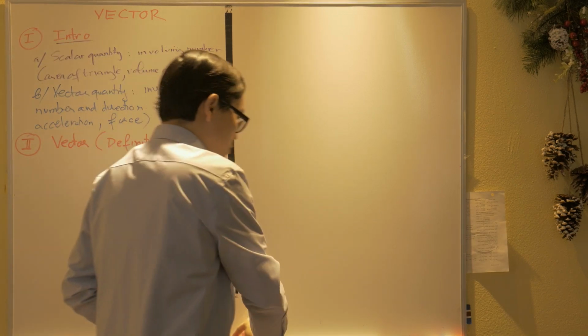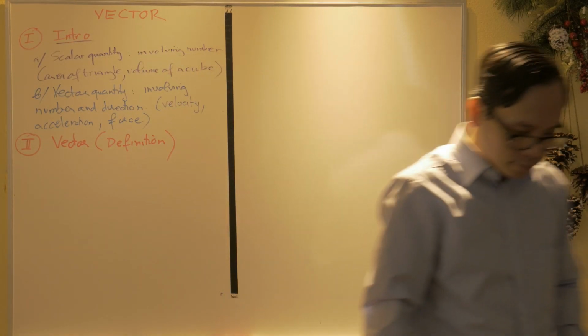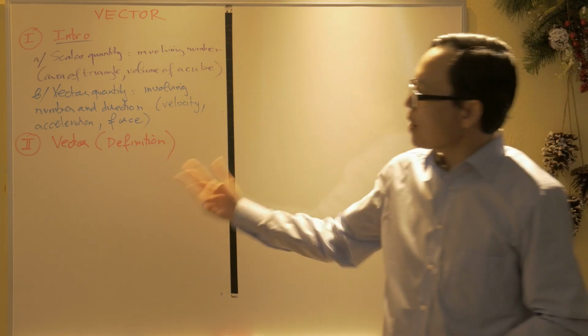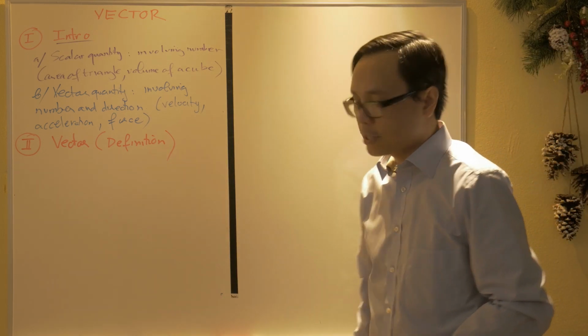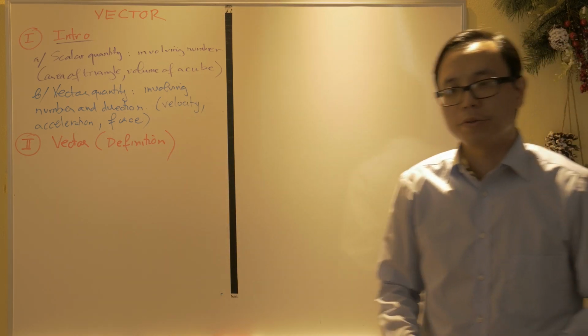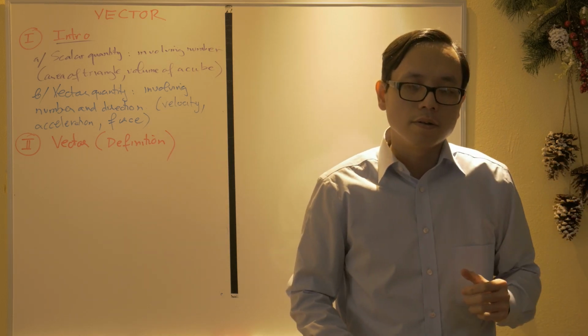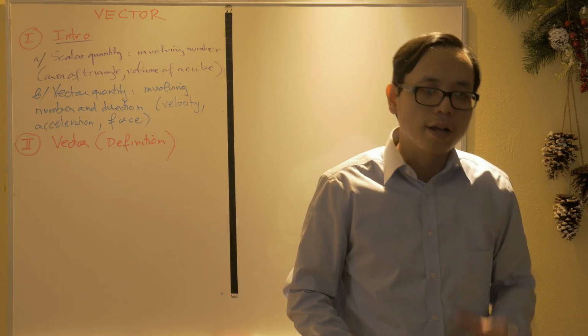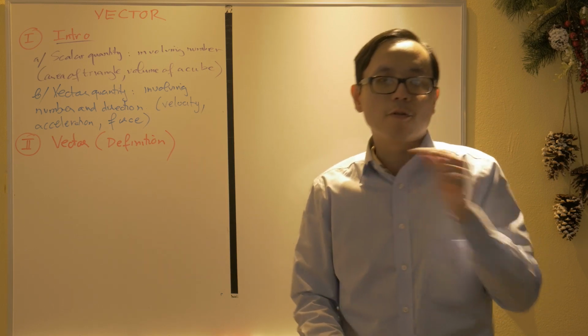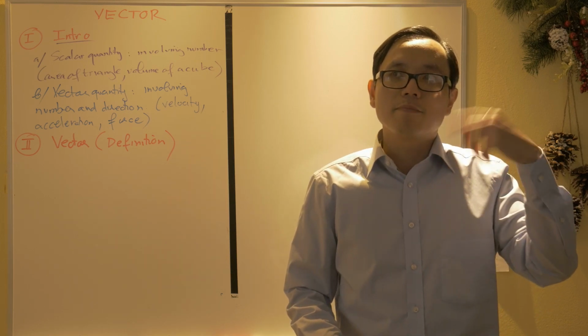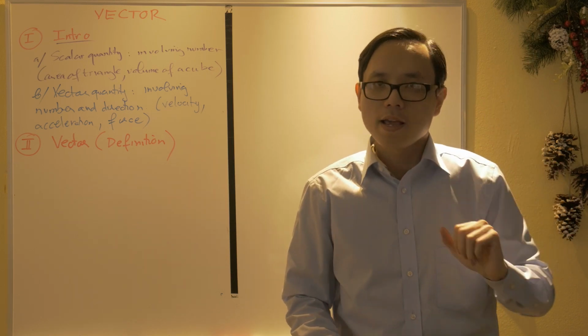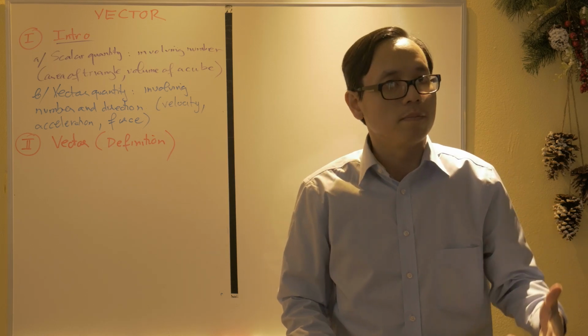What is vector? You need to understand that. I already said vector quantity has direction. And every time you talk about direction, you know, upward, downward, left or right, we think about the coordinate system.